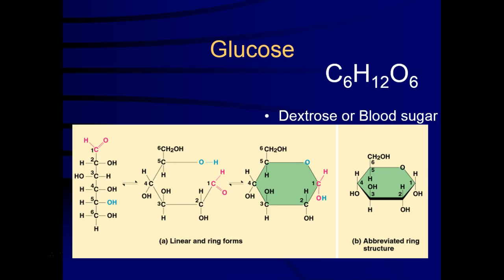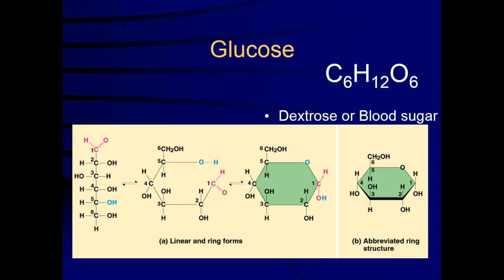Now, you'll notice down at the bottom in the graphic that we have several ways to represent the structure of glucose. On your left is what we call a linear formula. This is great because it shows you every carbon and what's coming off every carbon. Now, that form doesn't really exist in real life.